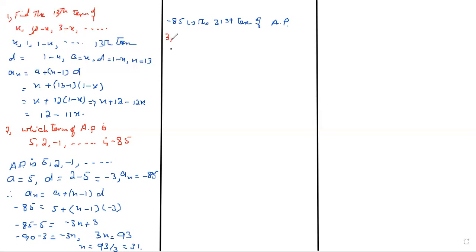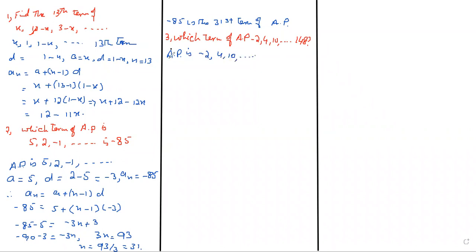Which term of AP minus 2, 4, 10, and so on, is 148? So the same question with different values. So AP given is minus 2, 4, 10, and so on.